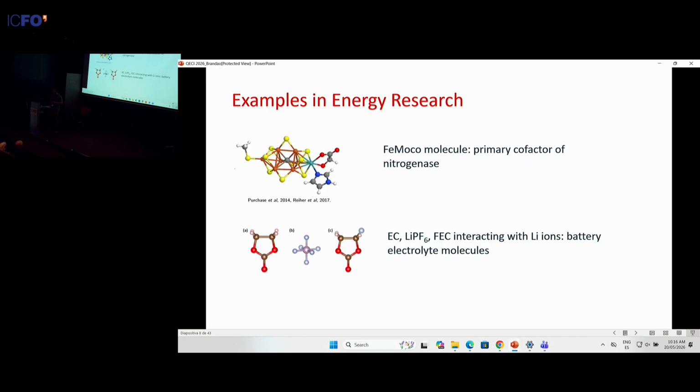Another one that might also be relevant to energy is these three molecules that I list here. They are interesting molecules because when they interact with lithium ions, they are the basis for lithium-based batteries. This interaction is also a complicated process to simulate classically.